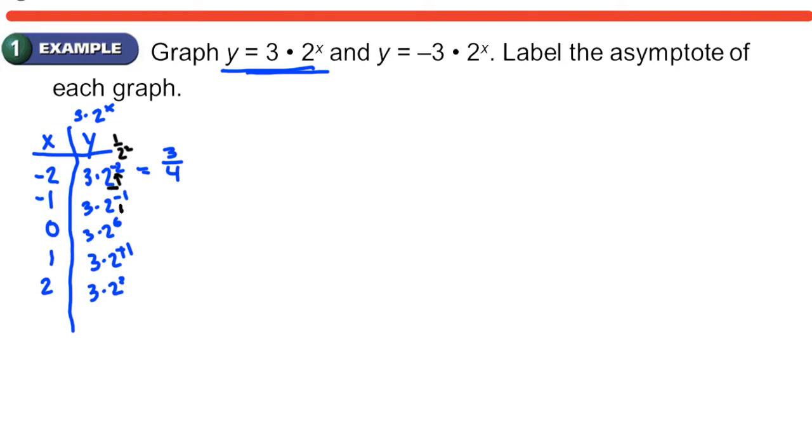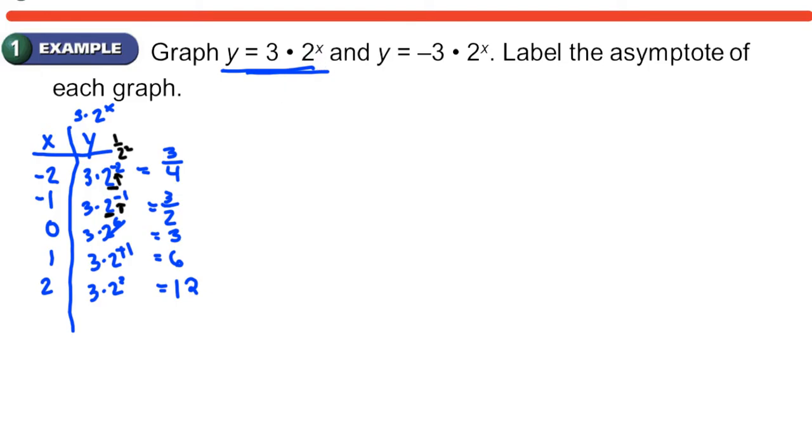Again, we have a negative here, so that means flip this base: 1 over 2, times 3, which is 3 over 2. 2 to the 0 is 1, so this just gives us 3. 2 to the first is 2, 3 times 2 is 6. 2 squared is 4, 3 times 4 is 12. Hopefully you're seeing a pattern develop there. Each of these is increasing by doubling, if you will, because it's base 2.